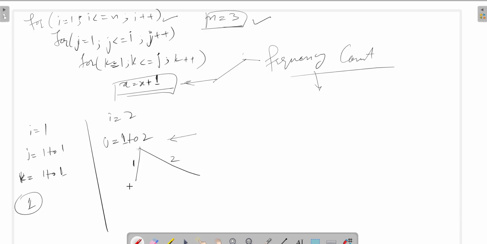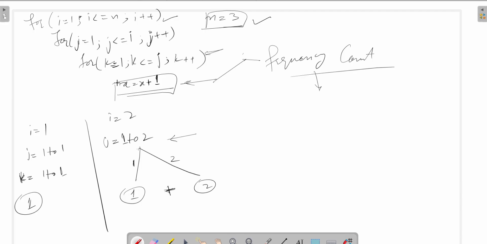So for the first time the inner loop would run one time, and the second time it would run 2 times. Why? Because if you look at the nature of this loop and its condition, it always runs in relation to the value that is passed down from the top, and in this case that value would be 2. So that's why it would run 2 times. Now we have to add these two.